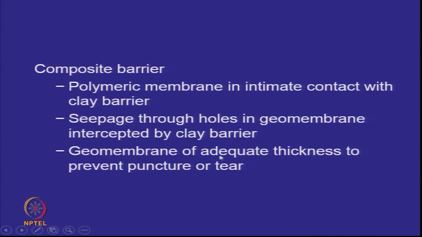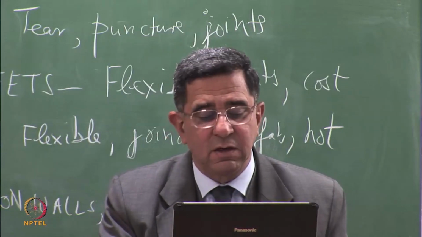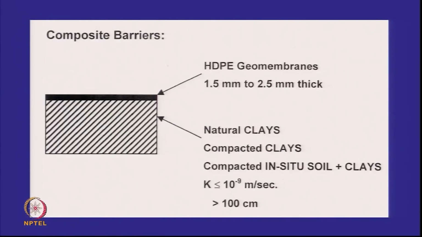We try and use a geomembrane of significant thickness to prevent puncture or tear. But even despite that, you get punctures or tears in the field. So let me first come here. This is what the composite barrier is. Typically, we use a high density polyethylene geomembrane which is 1.5 to 2.5 mm thick. This is pretty thick.